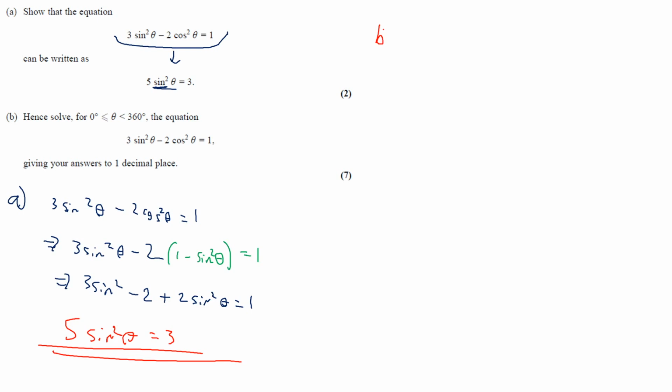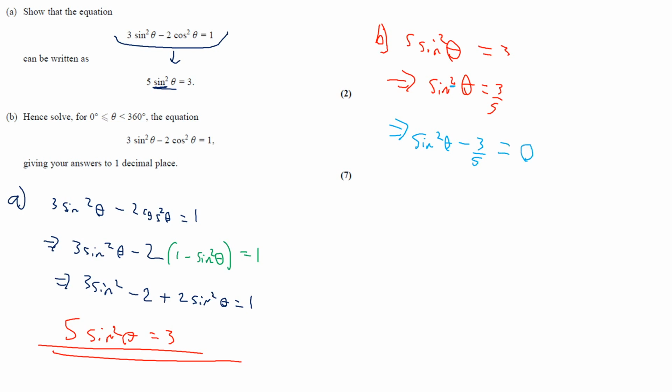So in part B, 5 sine squared theta is equal to 3, which means that sine squared theta is equal to 3/5. However, because this is a squared, we want to put it equal to 0. So sine squared theta minus 3/5 is equal to 0.